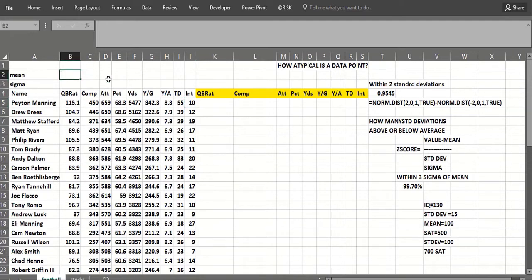So let's get the mean and standard deviation, and compute the z-score according to this formula right here. And then we can use conditional formatting to highlight the outliers, and then we'll talk about the worst days in stock market history.